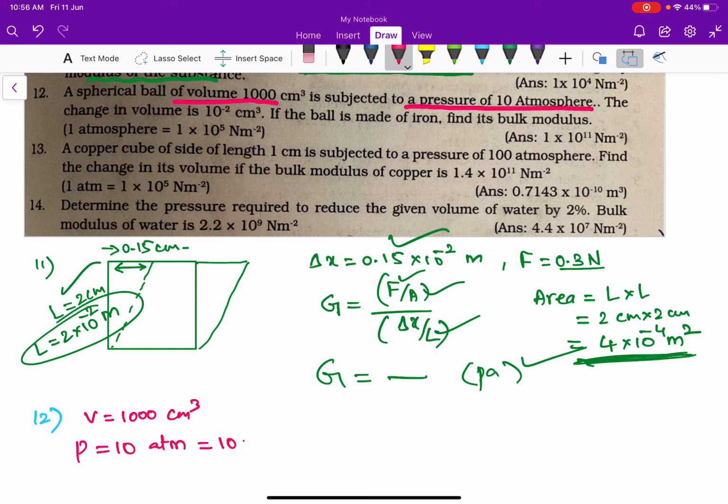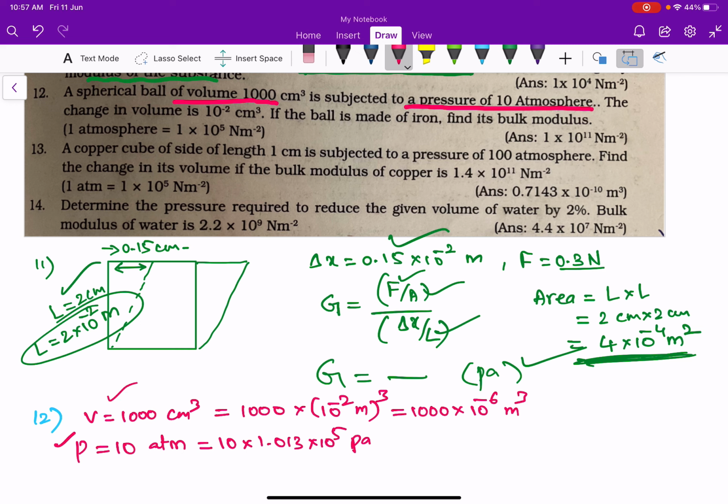Convert into SI system of units: 1 atmosphere is 1.013 into 10 to the power of 5 pascals. Similarly, convert volume into SI units: 1000 into 1 centimeter, which is 10 to the power of minus 2 meters, whole cube. That is 1000 into 10 to the power of minus 6 meter cube. So volume is given, pressure is given.